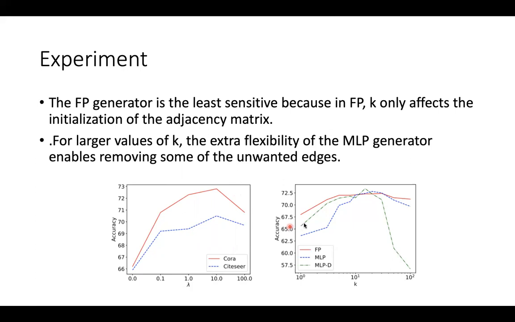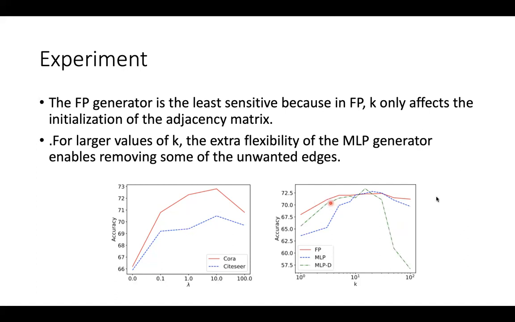So you can see this red line is not very sensitive to the change of this K. But for the blue one and this green one, where this KNN is first used to select the pair of nodes, it will definitely affect these kinds of graph generators more. So you can see they are more sensitive to it.